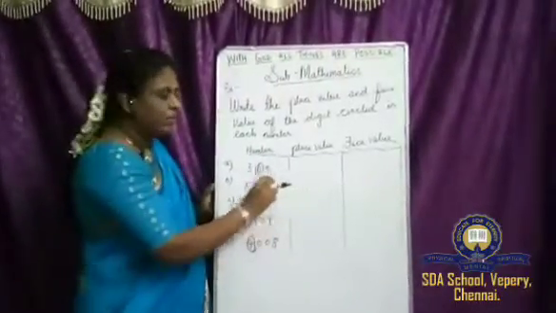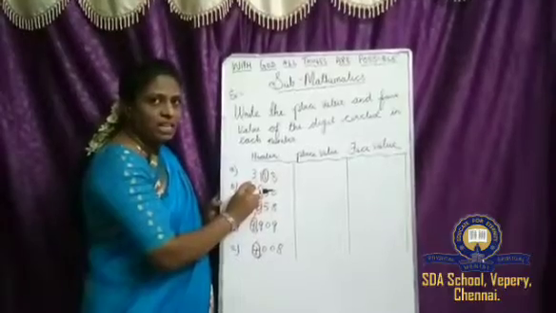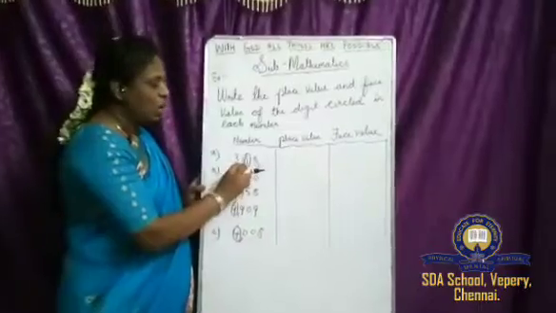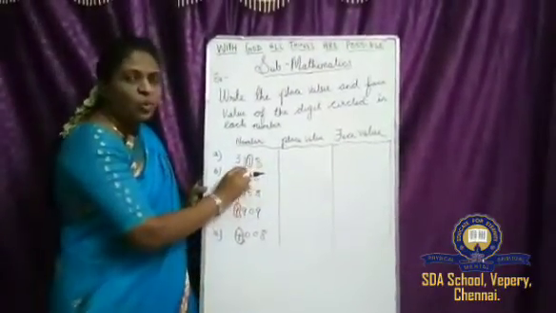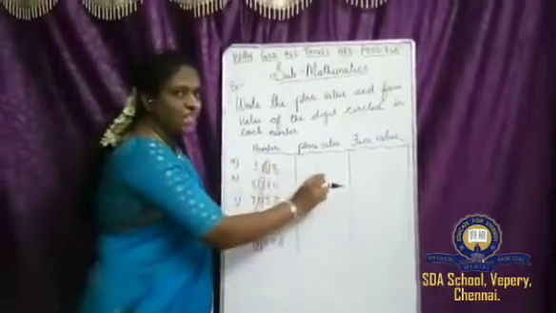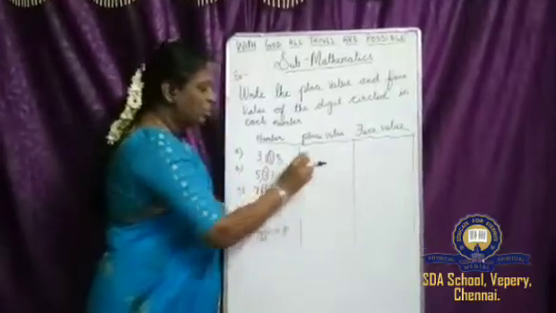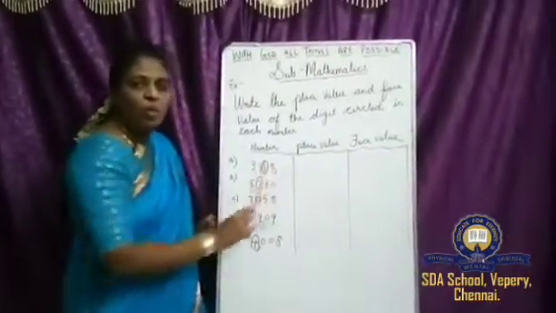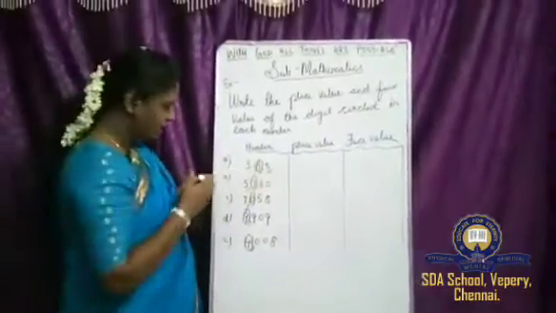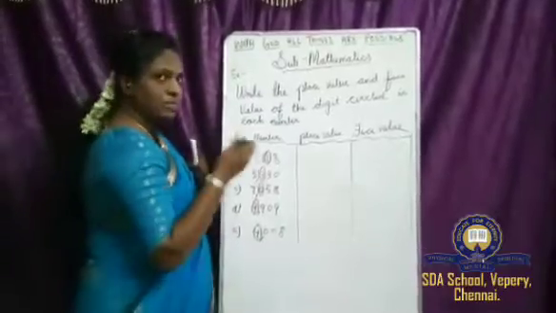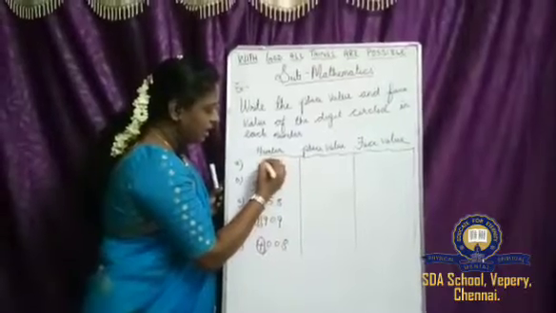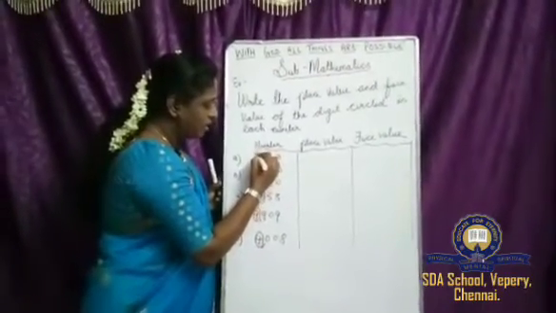Let's look at this first number. Read the number: 3,118. Which digit is circled? 1 is circled. So first they are asking what? Place value. You have to write the place value first. Write like this: ones, tens, hundreds, thousand.